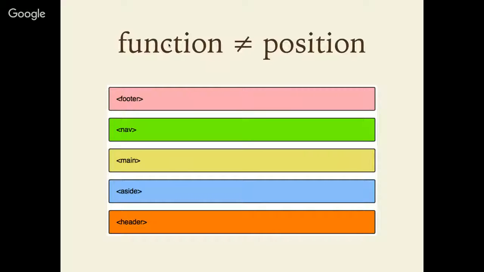But on this slide, they're just in rectangles underneath each other. The footer is on the top, then the nav, then the main, then the aside, and the header is on the bottom. This doesn't really make sense, but if this is your layout, maybe your designers were drunk or something, I don't know, then please go for it, because function is more important than position.